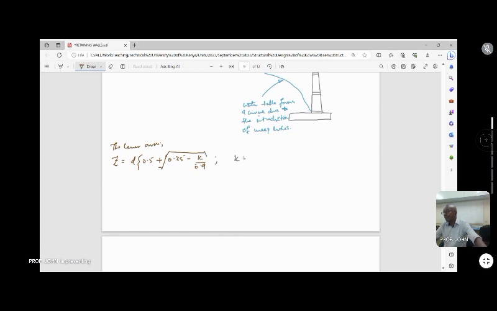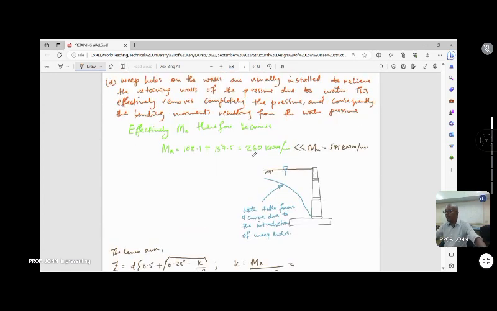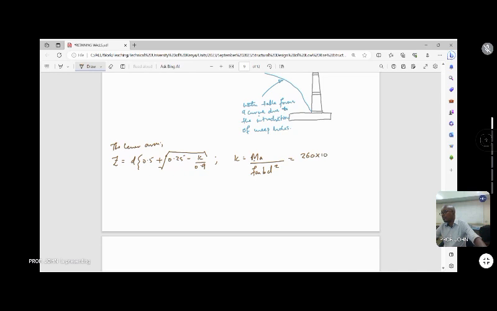K is M_A divided by f_cu b d squared, which is now our M_A, remember, is this 260, no longer the 500 something, 522. So it's 260 by 10 to the 6, over f_cu 30, b 1000, d 340 squared.